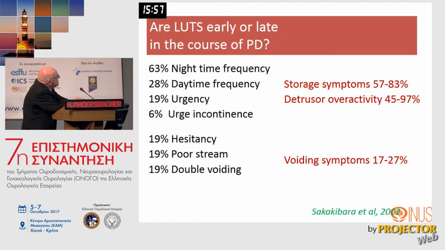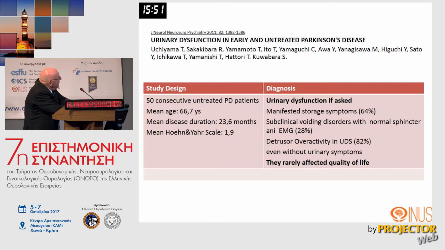The question is, are these LUTs early or late in the course of disease? Well, here we have 50 consecutive untreated PD patients with a mean disease duration of 2 years.